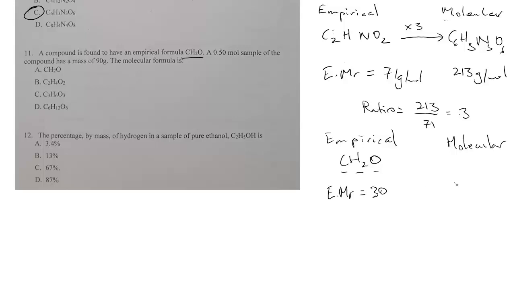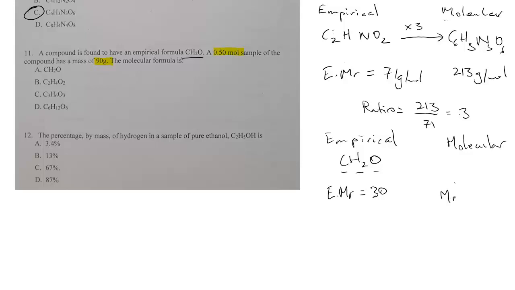For our molecular molar mass, we're not really given that, but we are given the mole and we are given the mass. From that information, we can calculate the molecular molar mass.